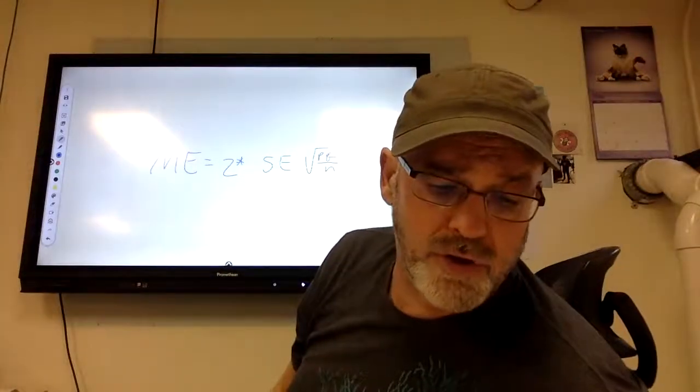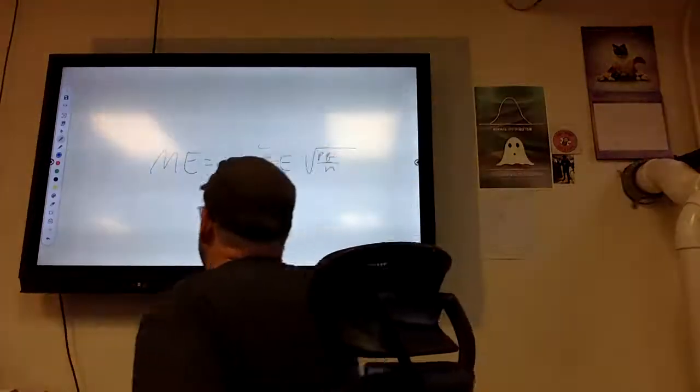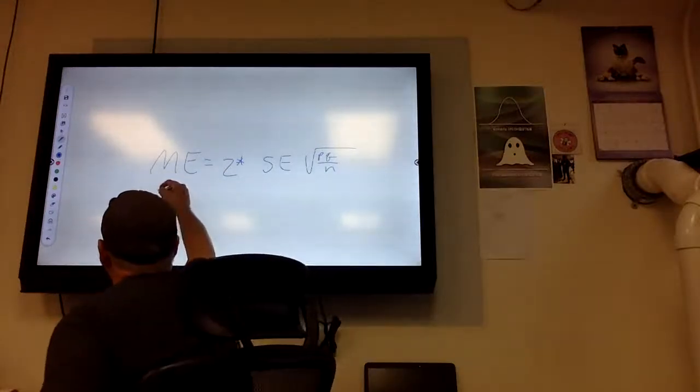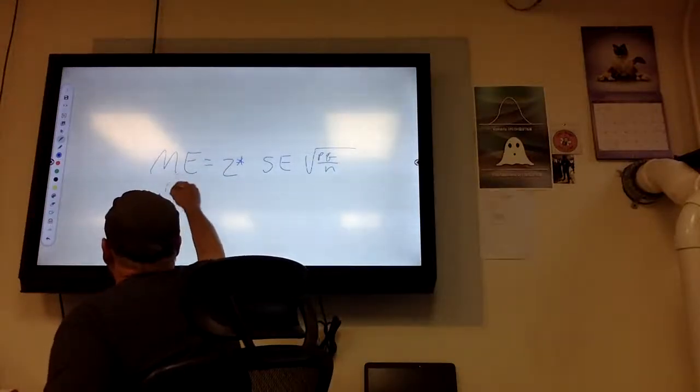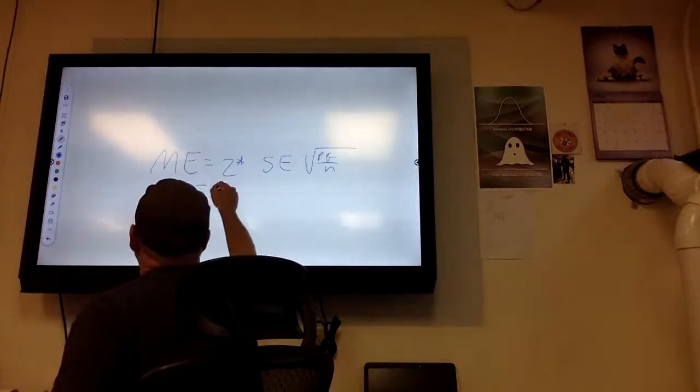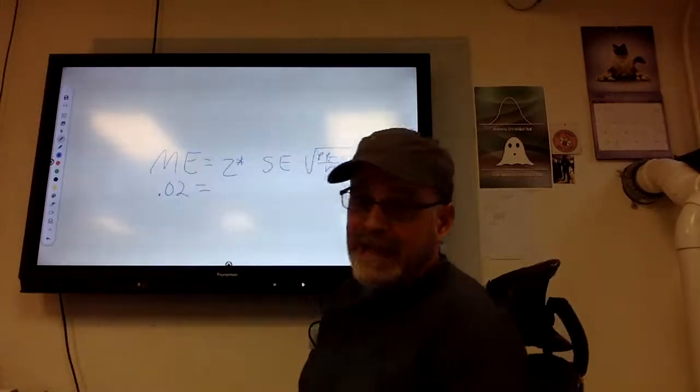We know the margin of error is 2%, so 0.02 equals z star times the square root of PQ over N.